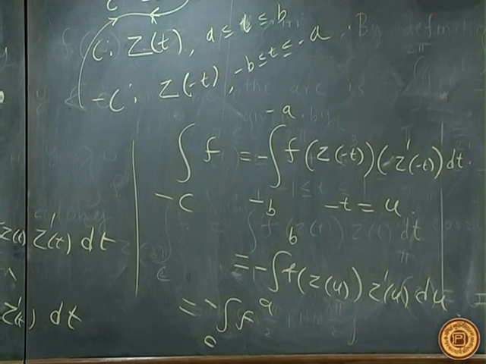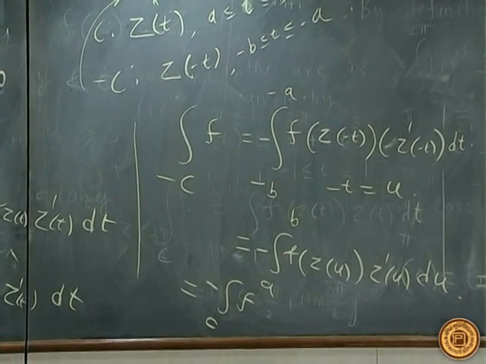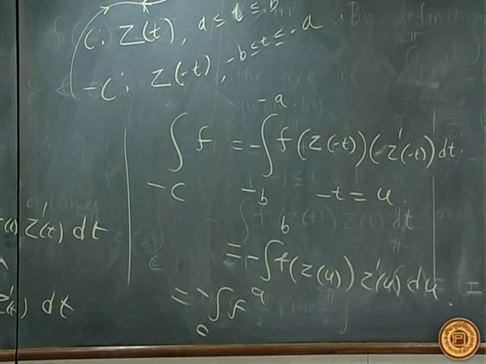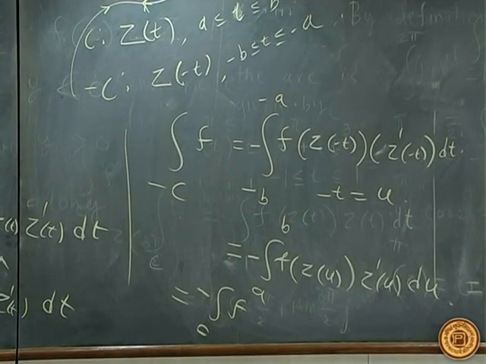Let us see how to prove this. In fact, the proof is written here on your screen. C1 is the contour given by z1, C2 is the contour given by z2, and we know how to define C1 plus C2.